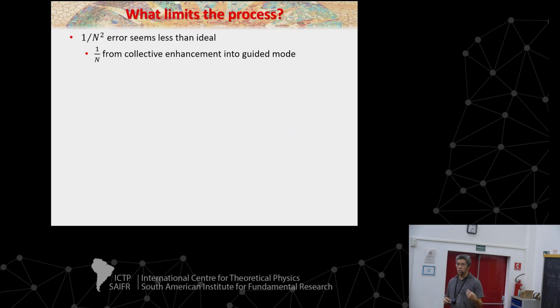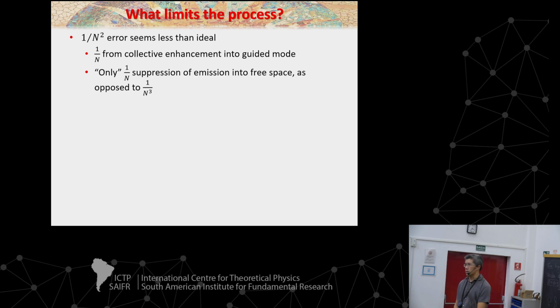If I'm getting 1 over n for free, that means this suppression of 4 pi emission is only contributing an extra factor of 1 over n. Whereas I know that even in free space, if I just calculate the free space chain numerically, I have eigenstates in there whose decay rates scale like 1 over n cubed. So why am I not getting at least 1 over n to the 4 scaling instead of 1 over n squared?